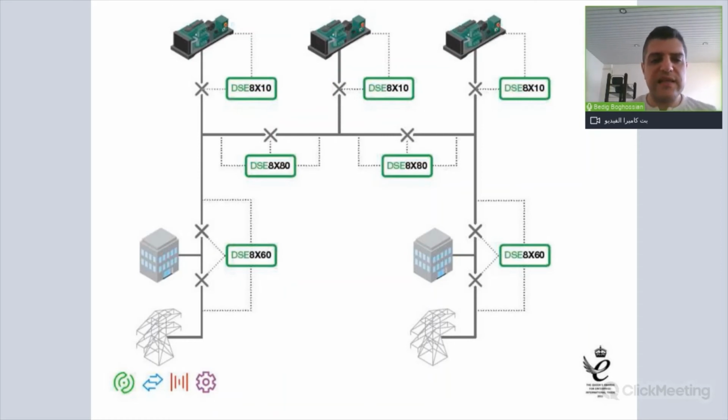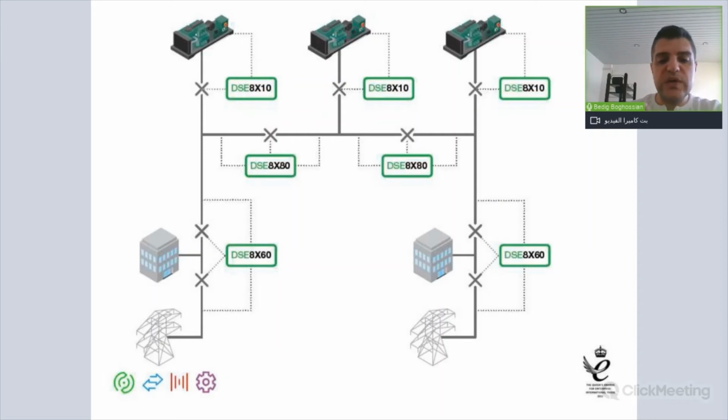A simple SLD diagram showing you a synchronizing application where you have your generators in parallel. So for generators, you need to use an 8610 or an 8910. Your main source needs to have an 8660, where the 8660 controls the mains breaker and the bus breaker.